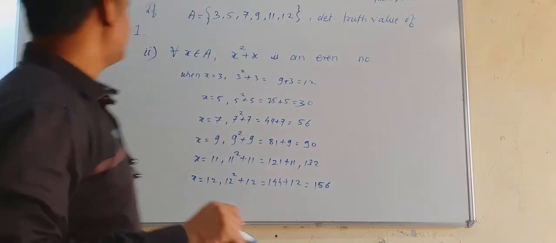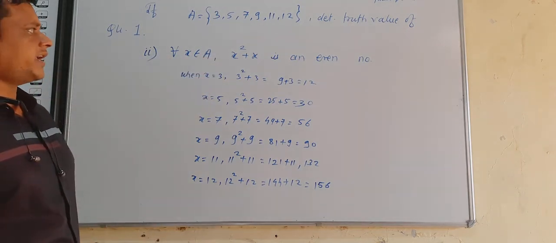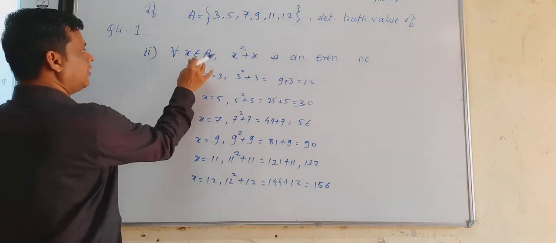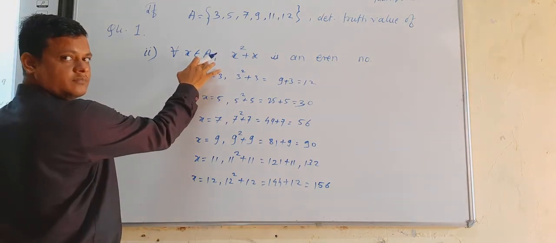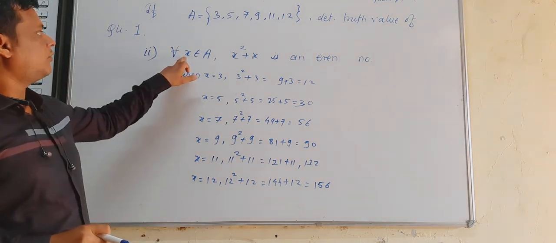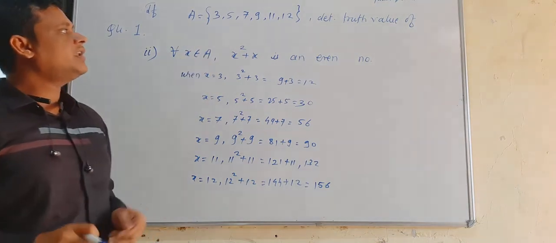See the next example. For all x belongs to A, x square plus x is an even number. Means for every value of x belongs to A, this statement is an even number.